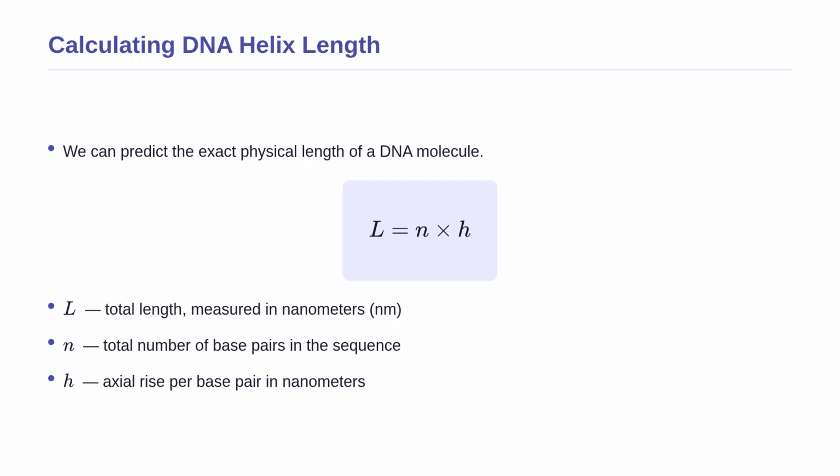For standard bDNA, H is approximately 0.34 nanometers. If the DNA compresses into aDNA, this rise decreases, meaning the overall length will shrink significantly, even if the number of base pairs remains exactly the same.